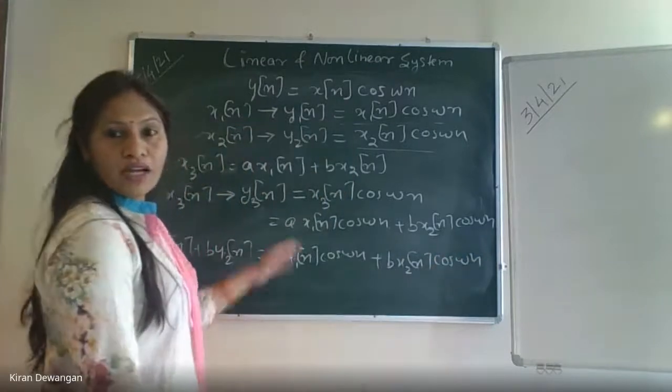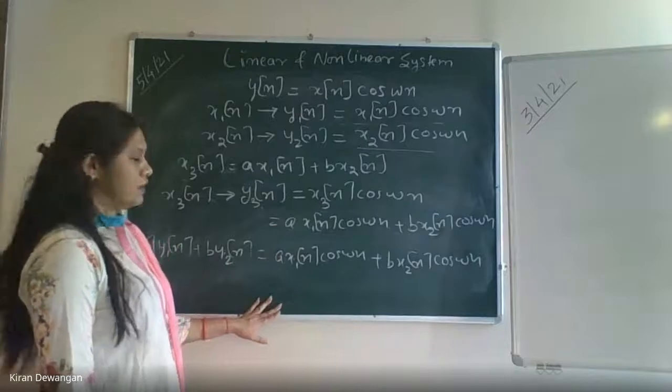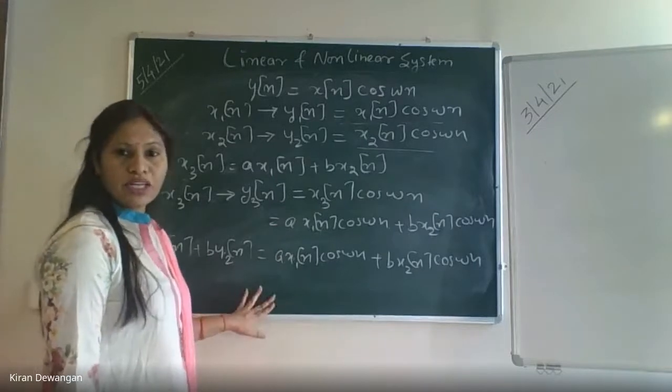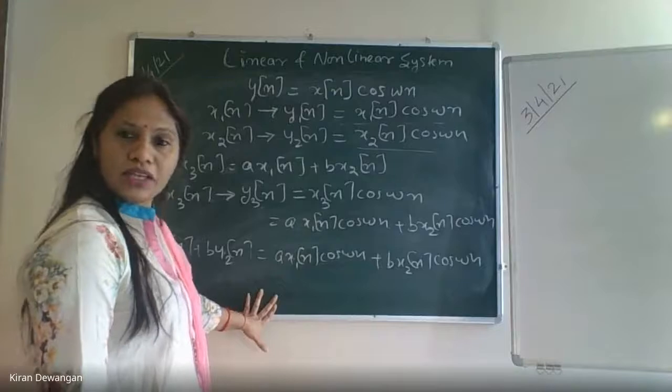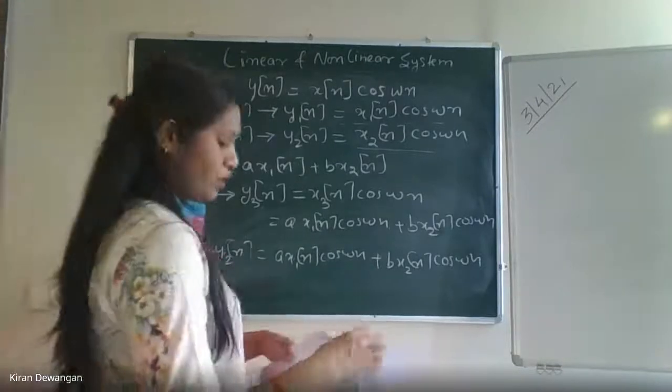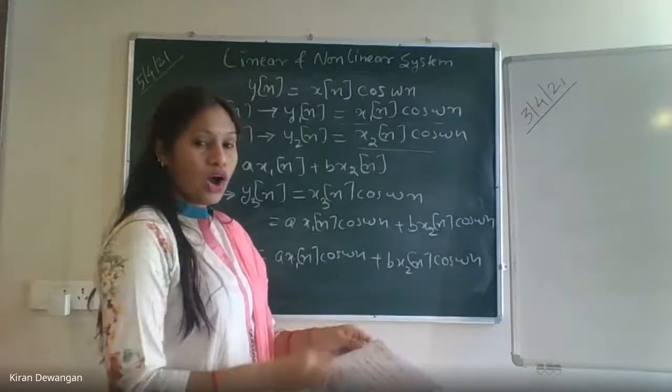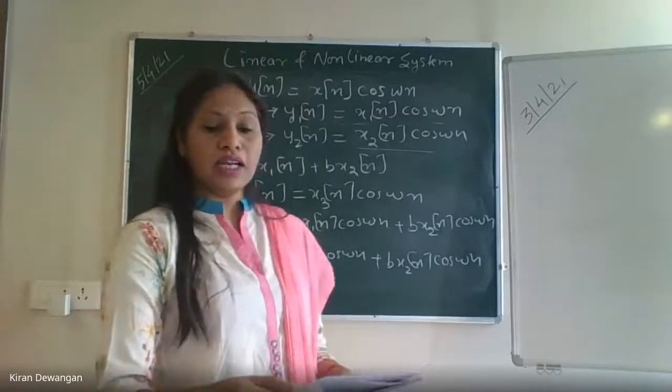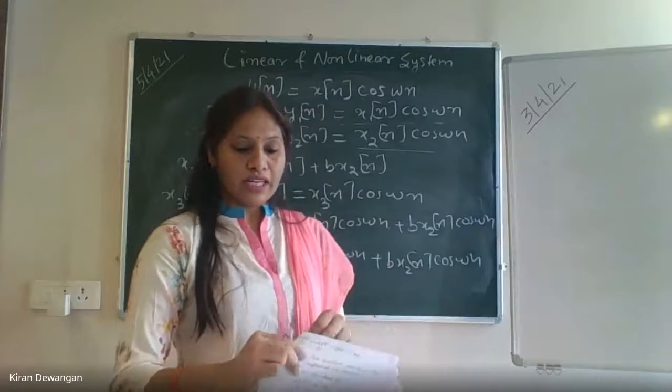Hence both are coming same and they are linear system. Correct. This one is a linear system. ठीक है? चलो. So we are done with the linear and non-linearity check of any of the system. That is how we check whether the system is a linear system or non-linear system.